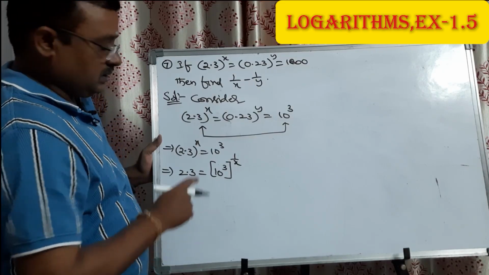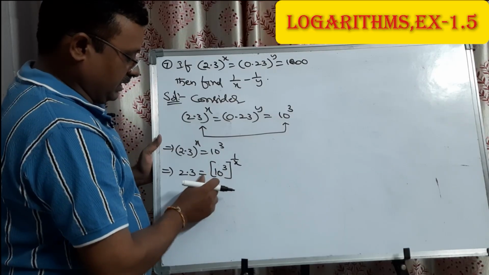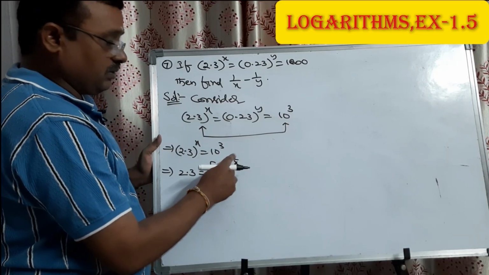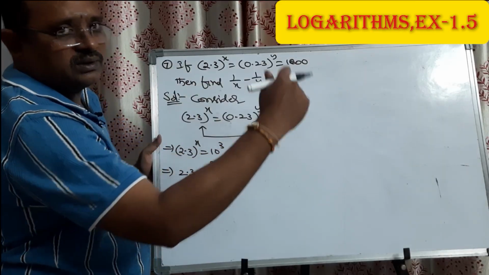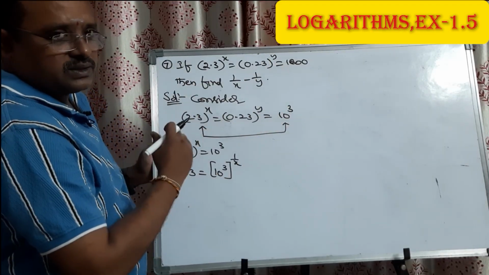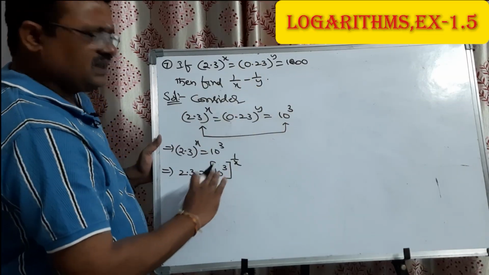Is that clear? Left side whole power x, when it goes to the other side of the equality, will become whole power 1 by x. Means when square goes to the other side, it will become square root. Cube going to the other side of the equality will become cube root, means whole power 1 by 3. Same model only.